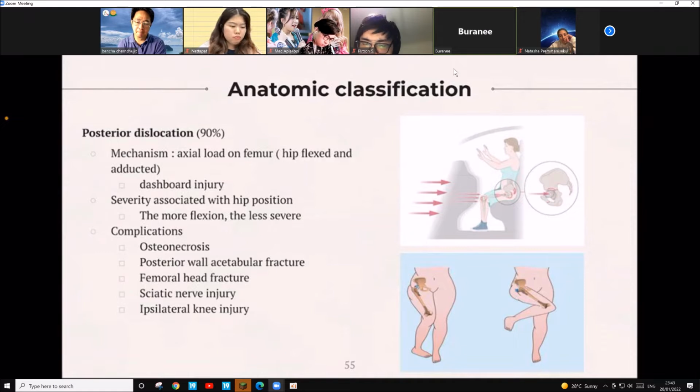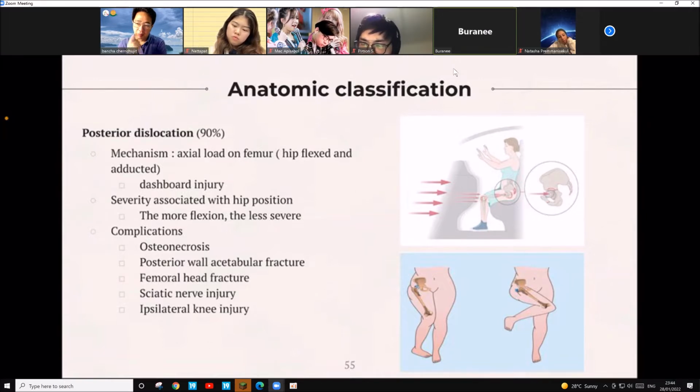You could say that increased flexion and/or adduction would favor simple dislocation, as in the picture. The complications would be osteonecrosis, posterior wall acetabular fracture, femoral head fracture, sciatic nerve injury, and ipsilateral knee injury.